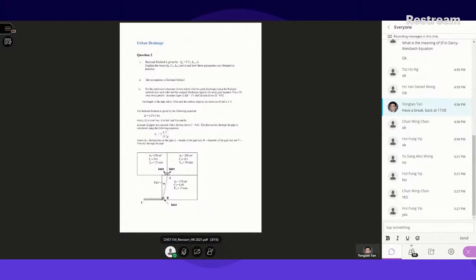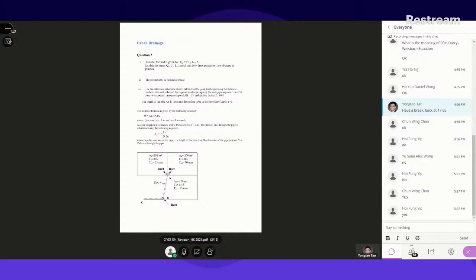Here is question 2. It uses the rational method to find the peak discharge into each inlet, and also the discharge capacity and the required discharge capacity for each pipe segment. Use a 50-year return period.